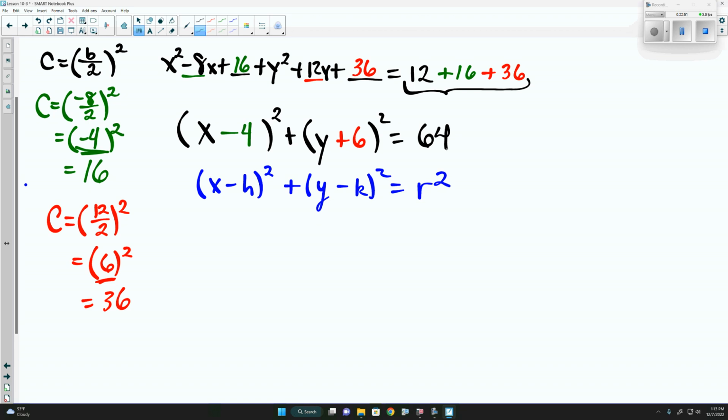Well, we're almost done. Let's pick this one. Now the center is our h comma k. So what would the value of h be?